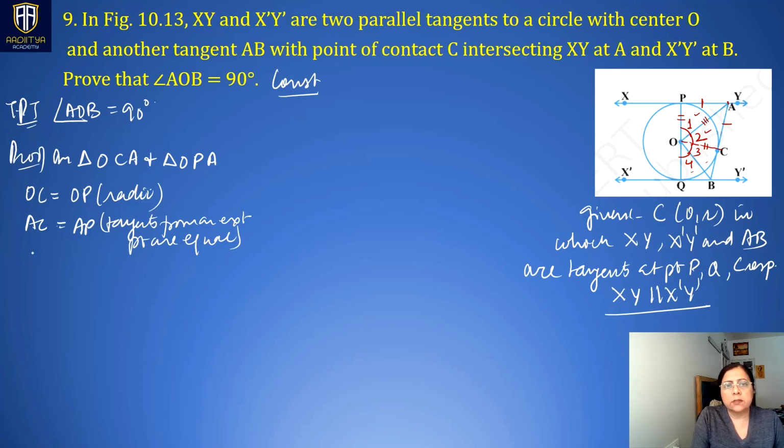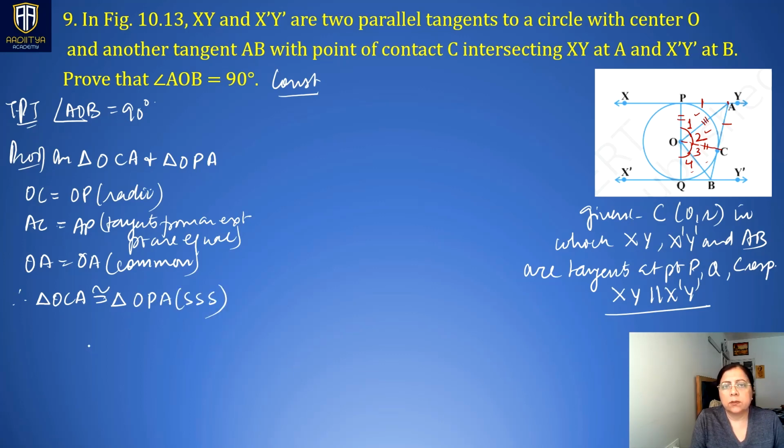Then the third thing is OA is equal to OA, which is common. We can say that triangle OCA is congruent to triangle OPA by SSS congruence. By CPCT, we can write angle 1 is equal to angle 2, since the corresponding parts of congruent triangles are equal.